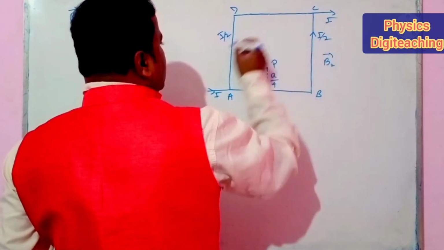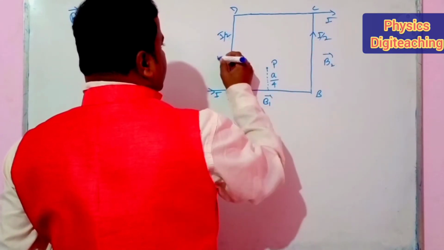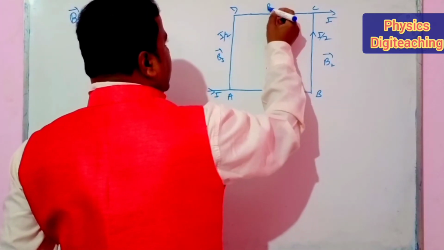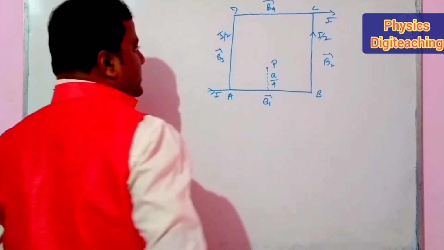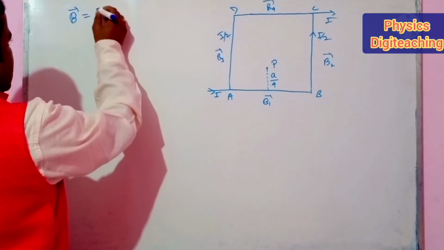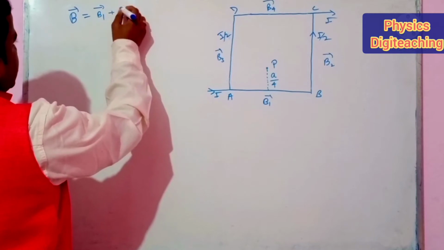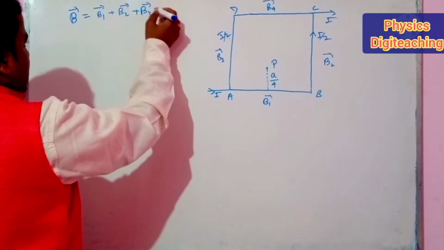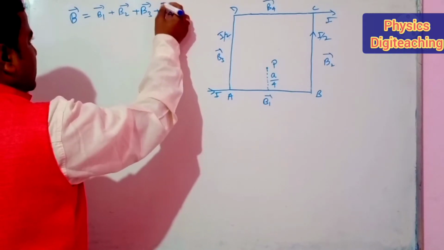Similarly, B3 for AD and B4 for CD. Therefore, net magnetic field B equals B1 plus B2 plus B3 plus B4.